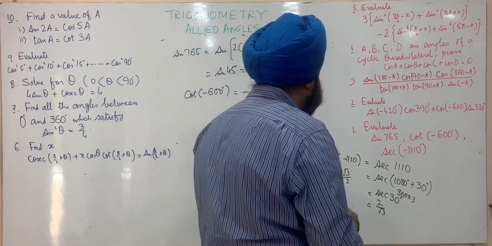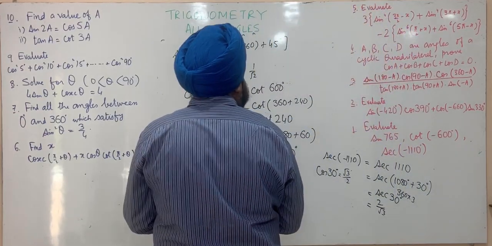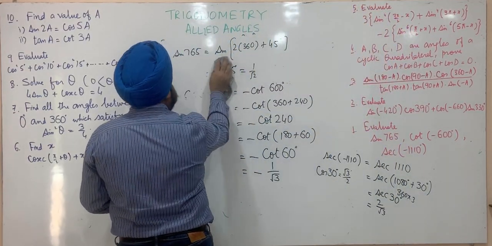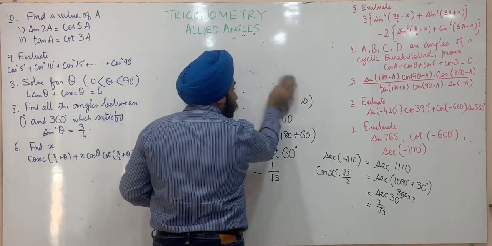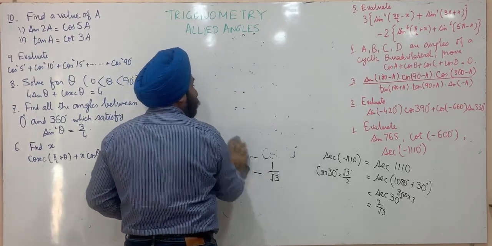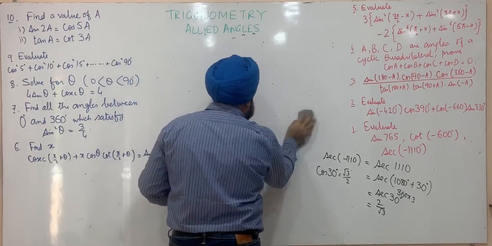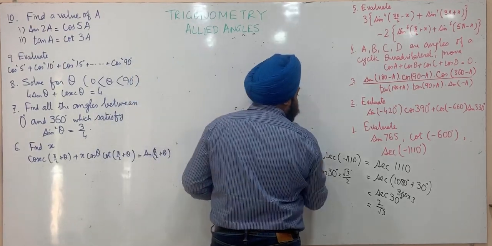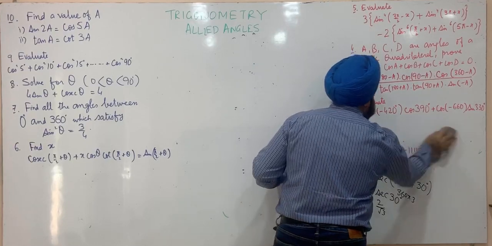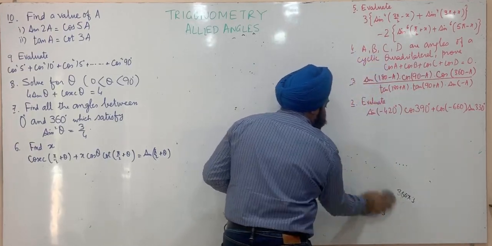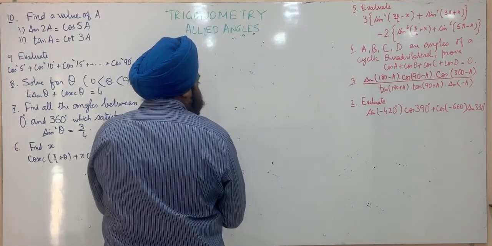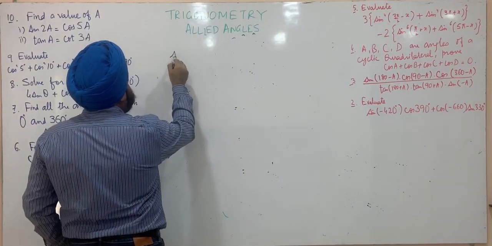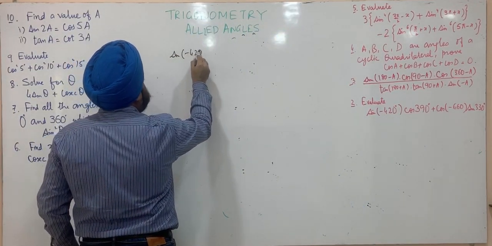The next one, we have to find the value of this expression: sine of minus 420 into cos of 390 plus cos of minus 660 into sine of 330. So we'll find out values of individual terms. Let's start with sine of minus 420.